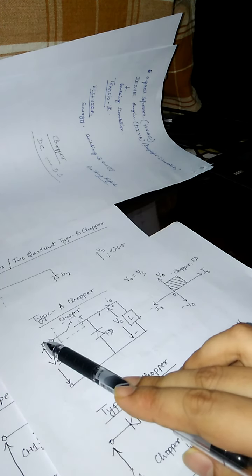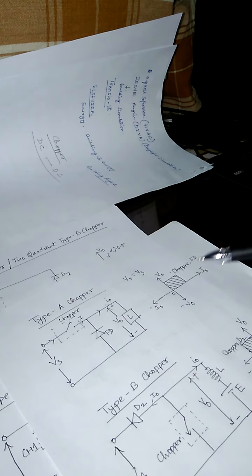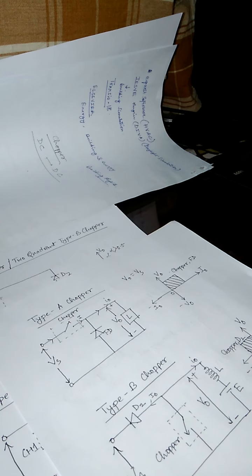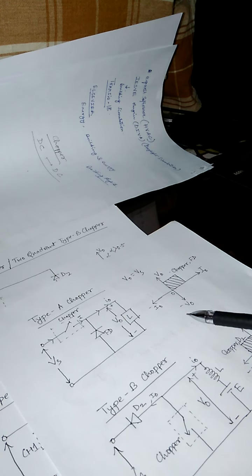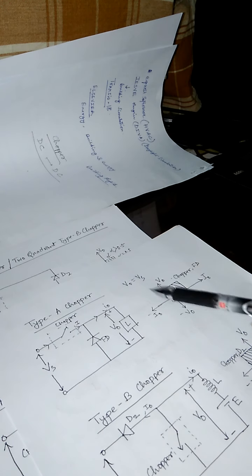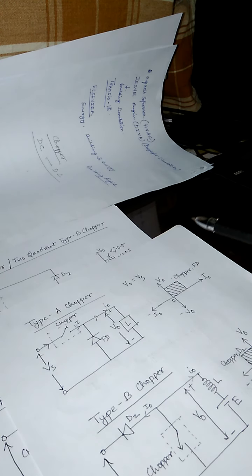If we consider the quadrants, there are 4 quadrants: first quadrant, second quadrant, third quadrant, and fourth quadrant. In this cycle V0 and I0 are in the first quadrant, because they are in positive value.